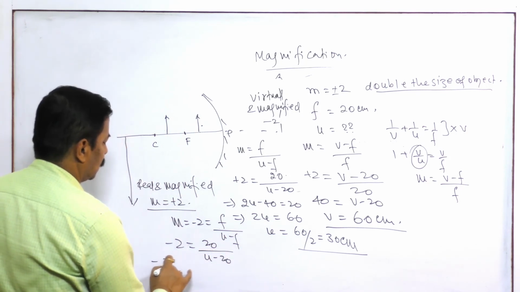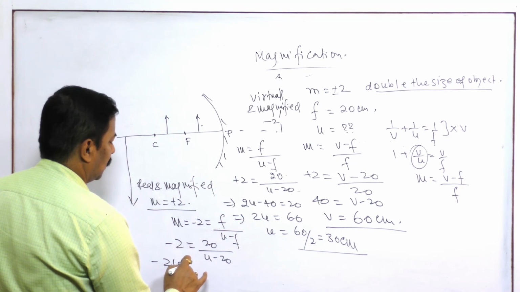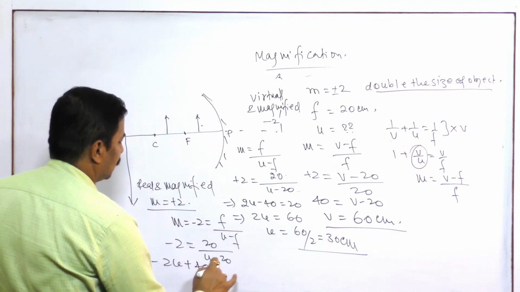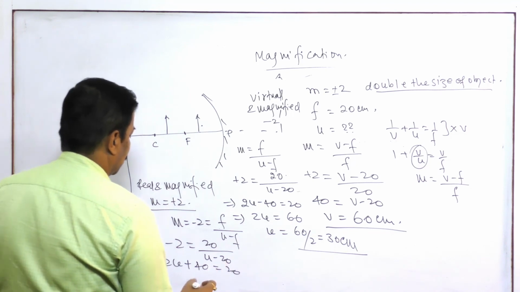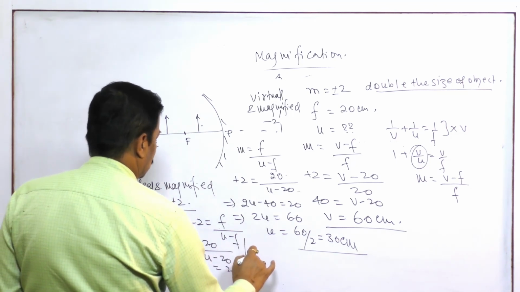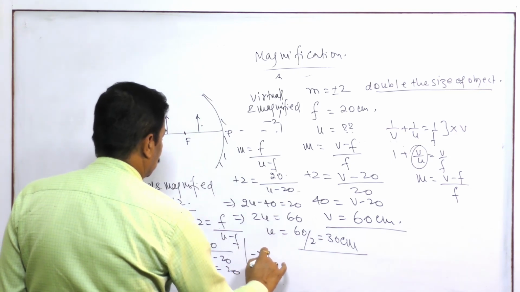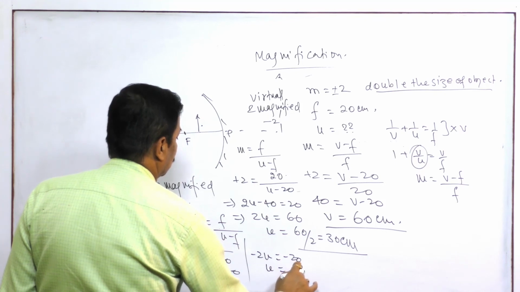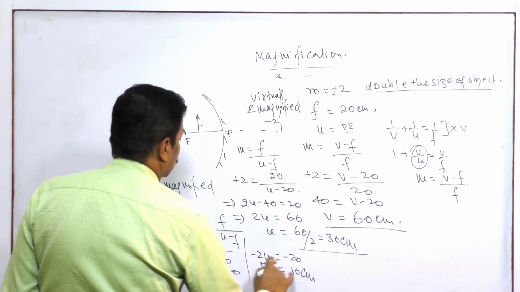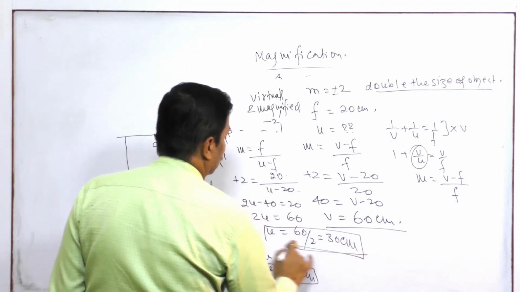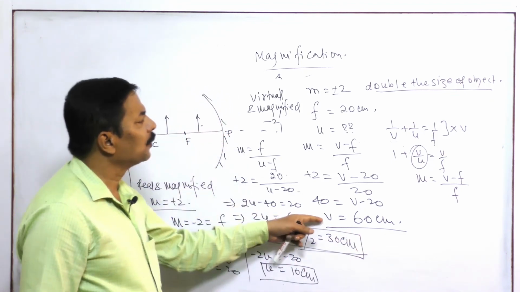So minus 2U plus 40 is equal to 20. So minus 2U is equal to minus 20, U is equal to 10 centimeter. So one answer is this and one answer is this. And the corresponding value of V also we can find.